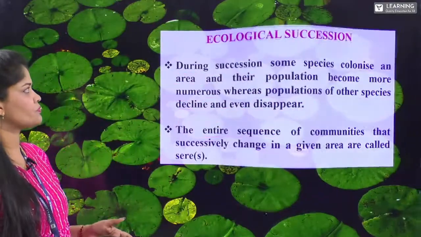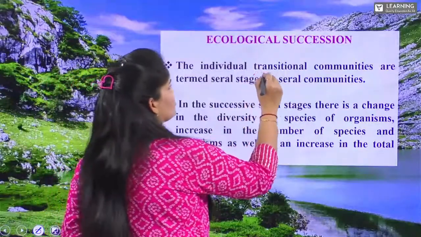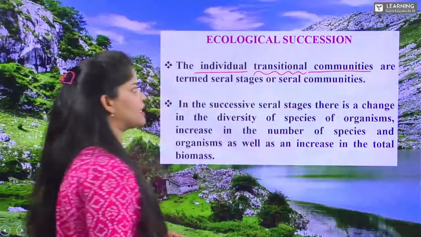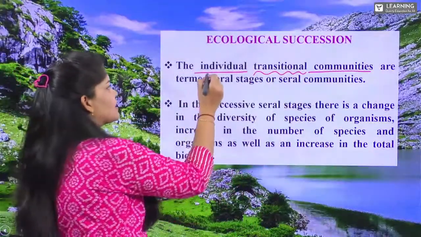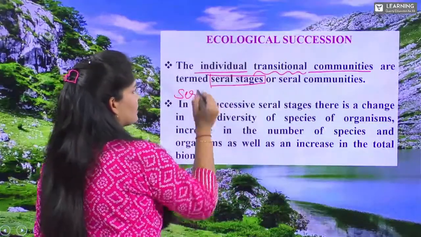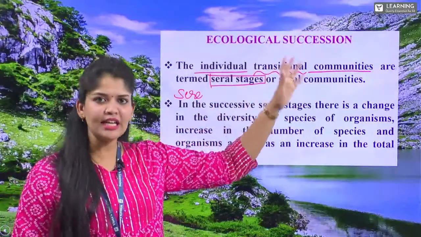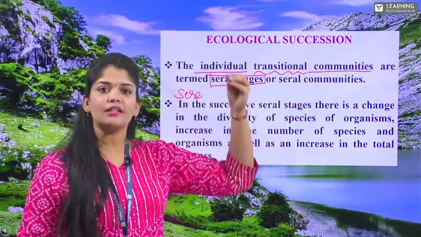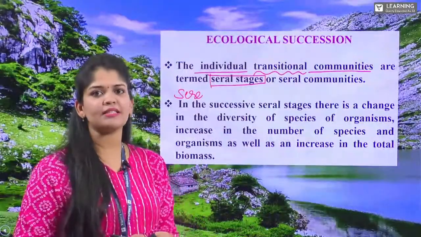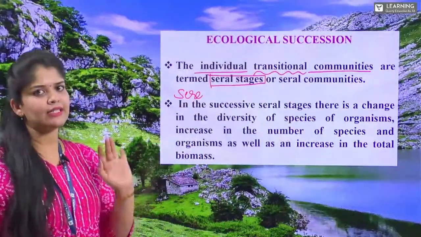An individual change is a transitional community. The complete transition we consider as a sere, and the individual transitions happening in each community to reach its near equilibrium stage, its final stage, the climax community, each stage we call a seral stage or seral community.